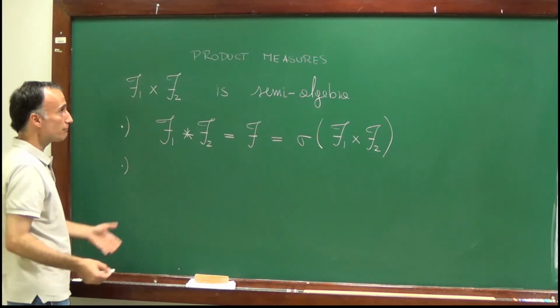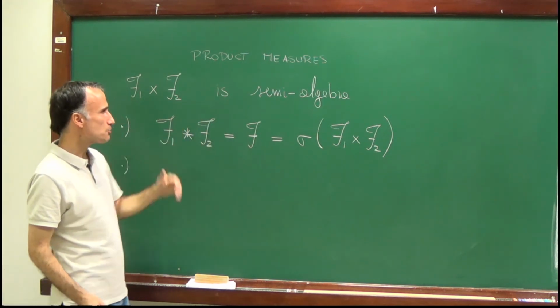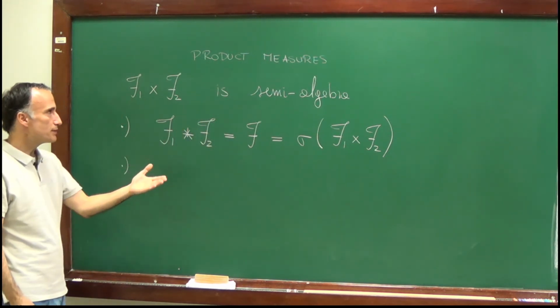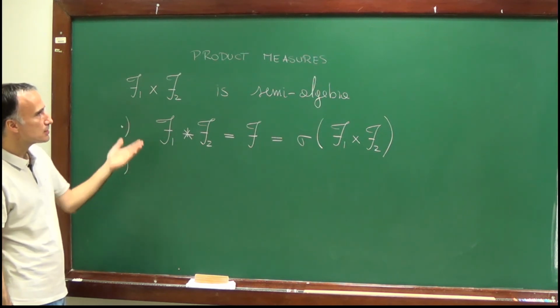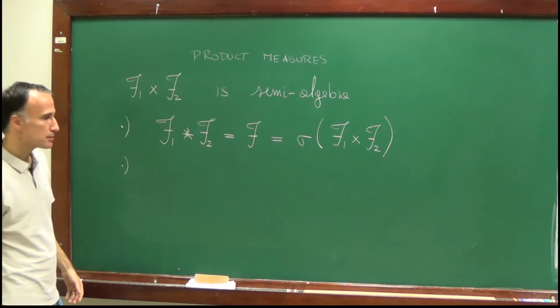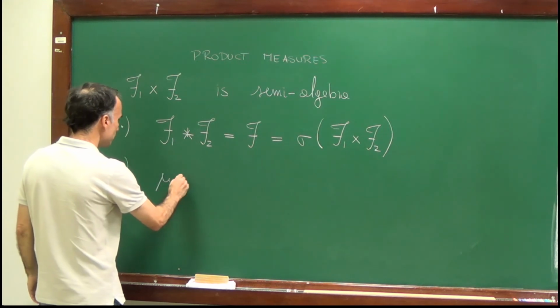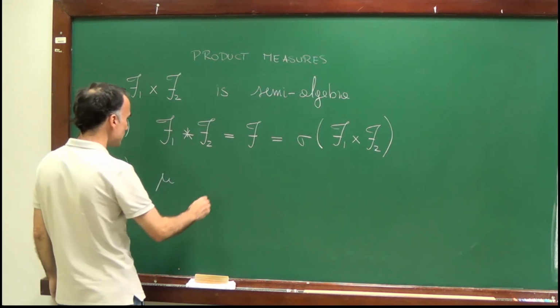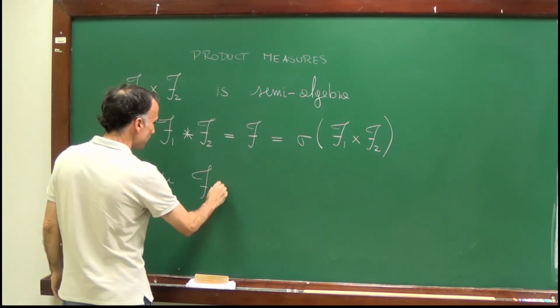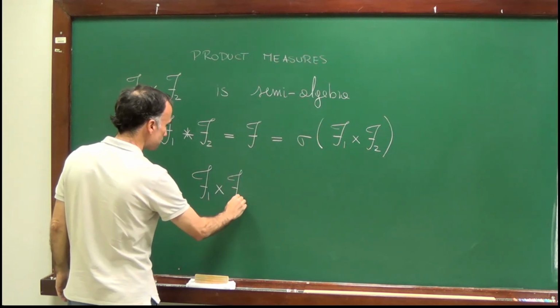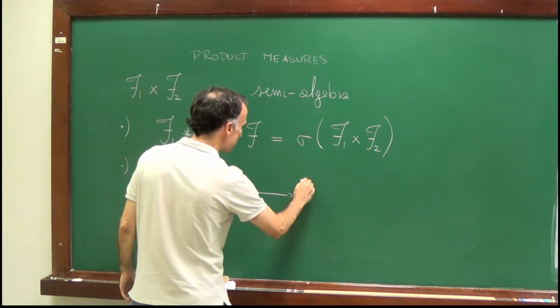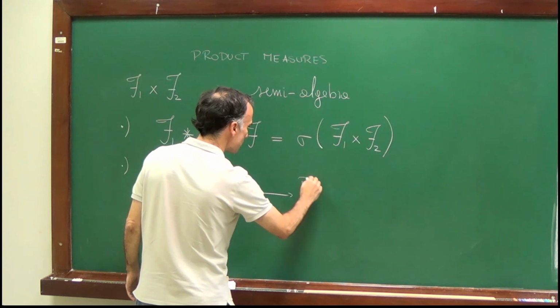So now I will define a function on the semi-algebra, and then I will prove that the function I defined is sigma additive and therefore is a measure. So I want to define mu on F1 times F2, taking values in R plus, extended.